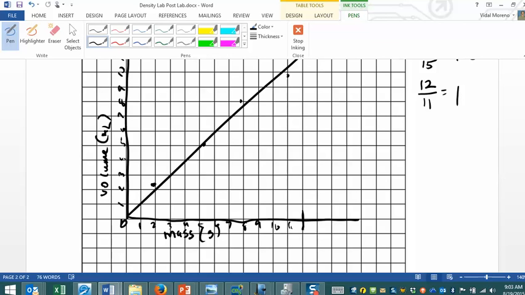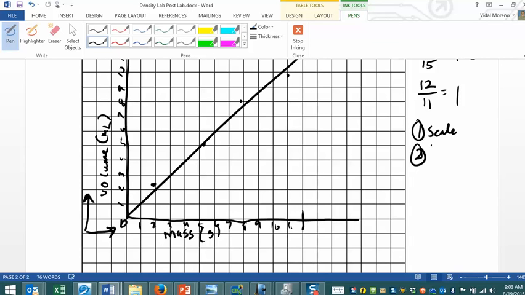Okay? But in this case, it won't do us any good to find the slope. We want to find the inverse slope. Why? What is the inverse slope? Rise over run, volume over mass. Is that going to help us? So step number 1, scale it.